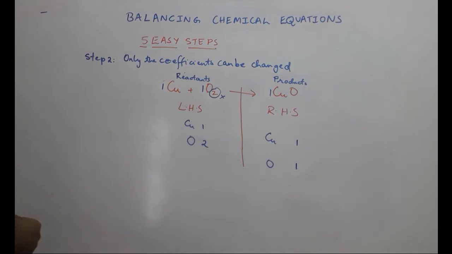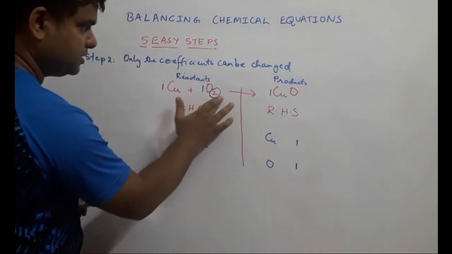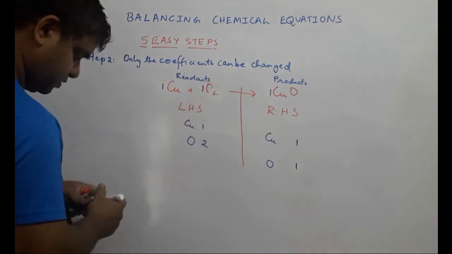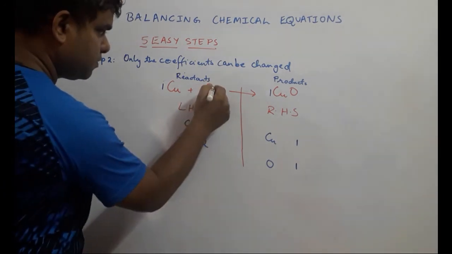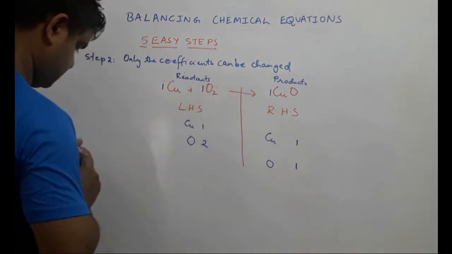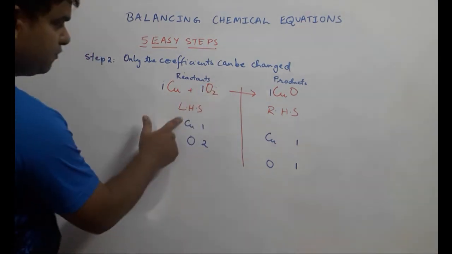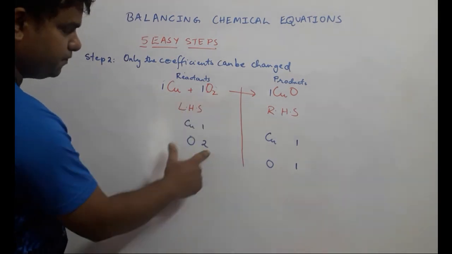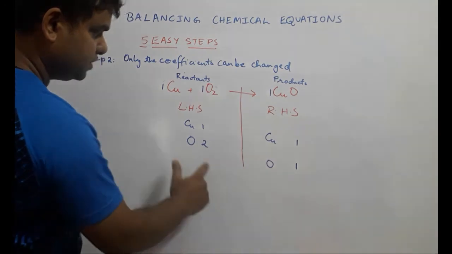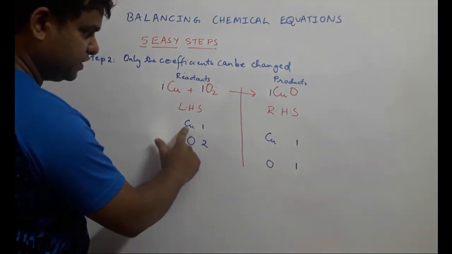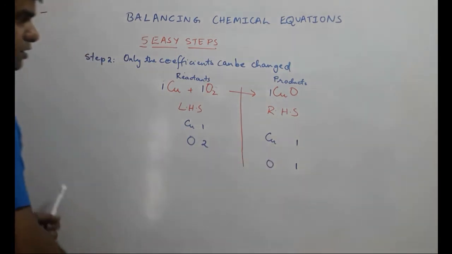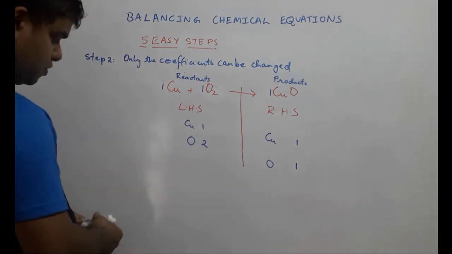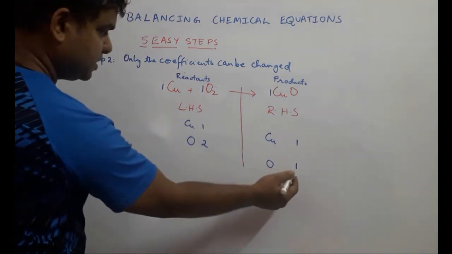Now I'll just erase this part so that it doesn't confuse you. Rewrite it. Now we have 1 of copper and 2 of oxygen on the left, and on the right we have 1 of copper and 1 of oxygen. So this needs to be balanced. The copper on the left hand side and on the right hand side are the same. However, the oxygen on the right hand side is not the same.